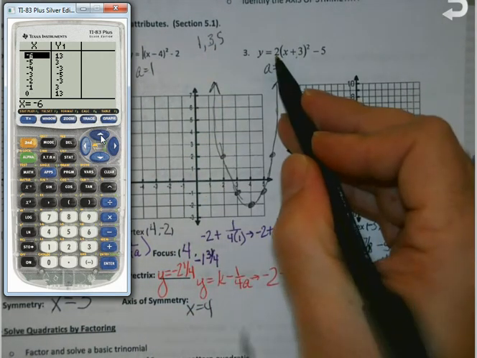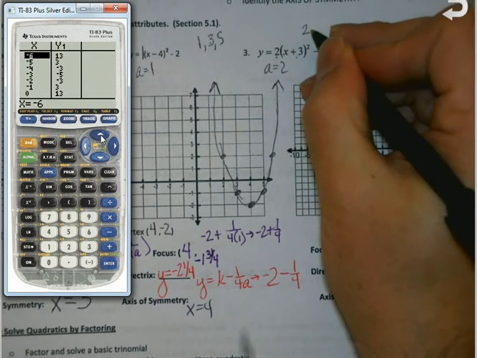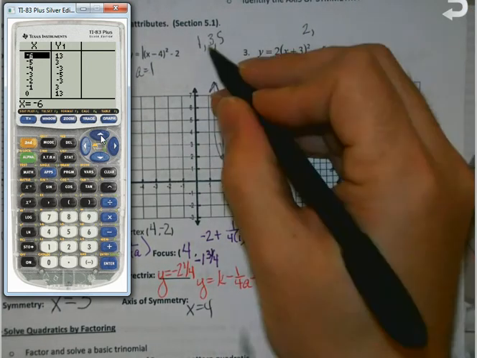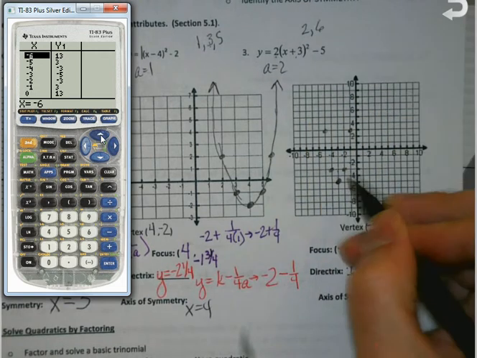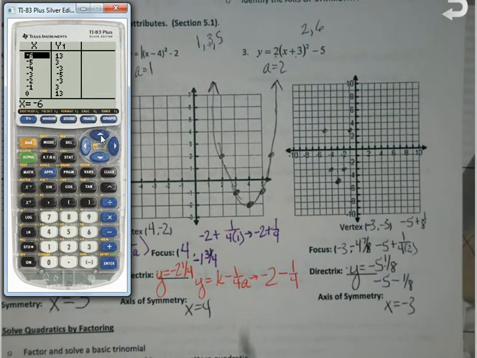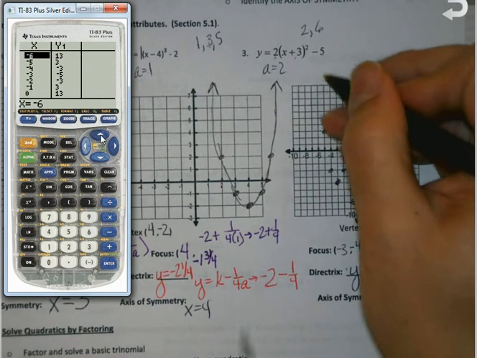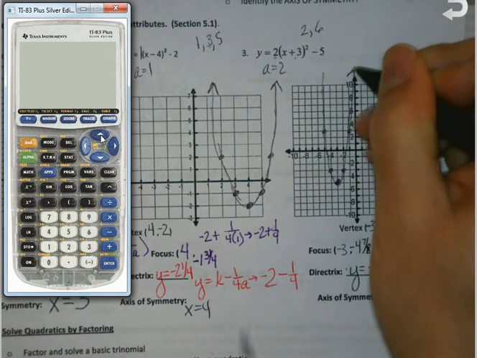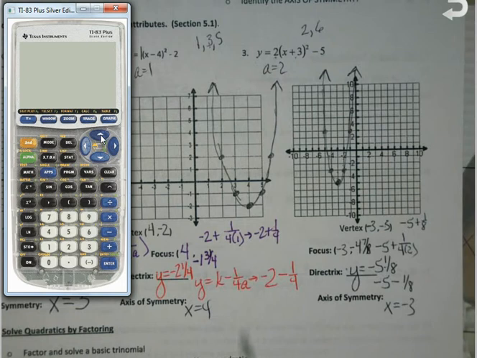I just got to multiply this by 2. Up 2 over 1, up 2 over 1. What's 3 times 2? 6. Up 1, 2, 3, 4, 5, 6 over 1. So I still can do it that way. I just have to multiply by that a value, and I'm set.